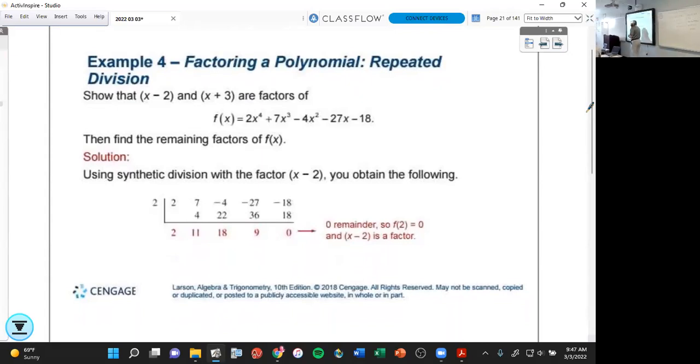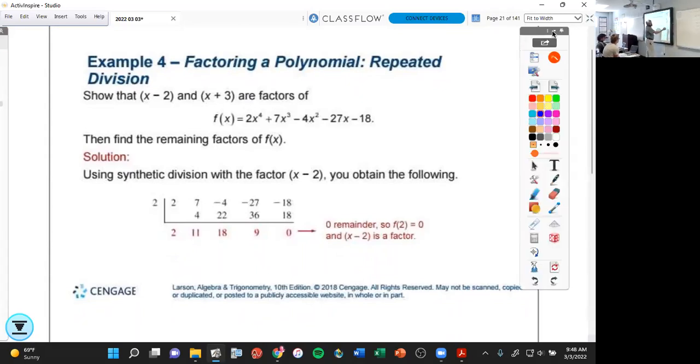This is a 4th degree polynomial. Well, what you do is use synthetic division. If x minus 2 is a factor, then if I use 2 into the function, I will get a remainder of 0. Y'all good with that?